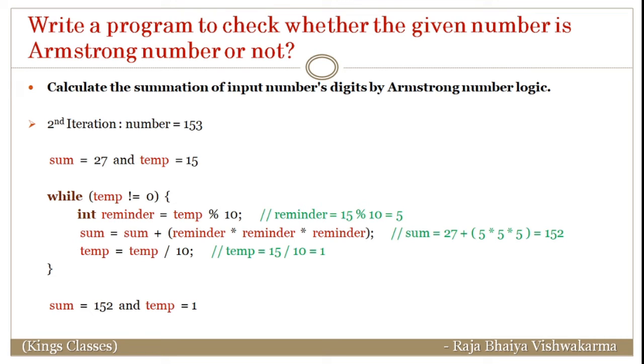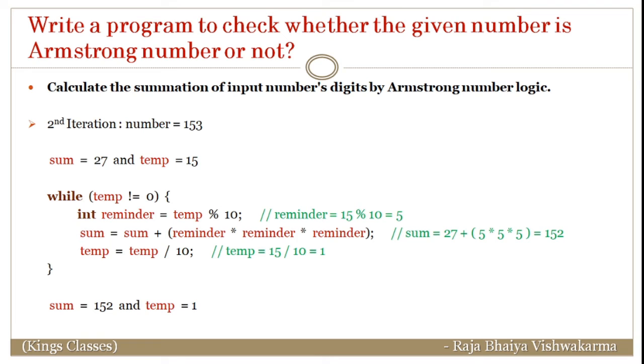Again we go through the while loop and check if temp does not equal 0. That is true because temp is 15 now, and we calculate the remainder. Now it returns 5, and again we calculate the sum. The previous sum was 27 and we add the 3 times multiplication of the remainder, that is 5 now, so we get the sum as 152.